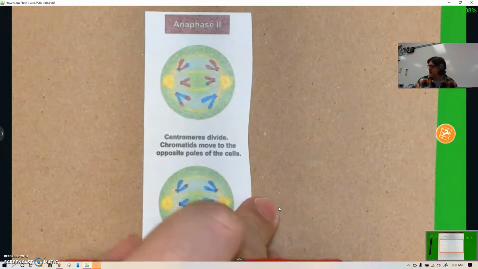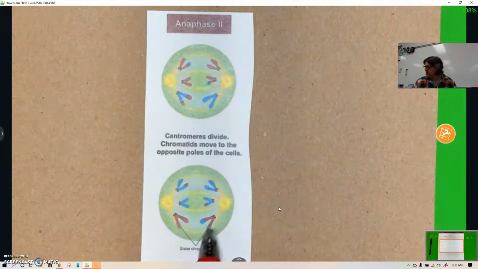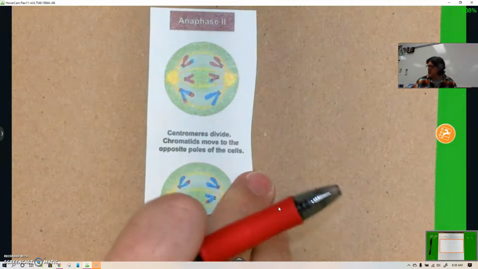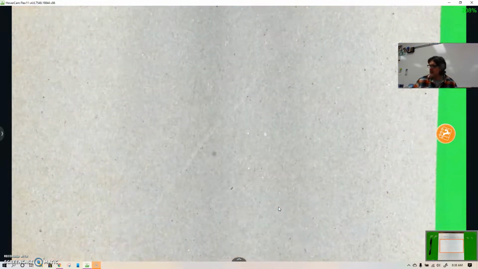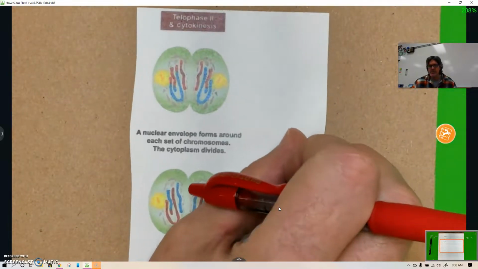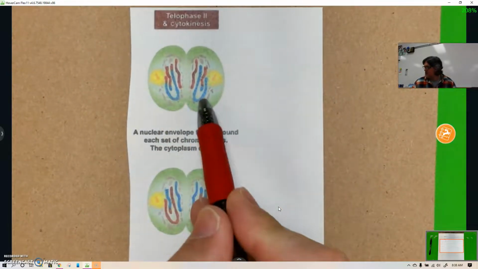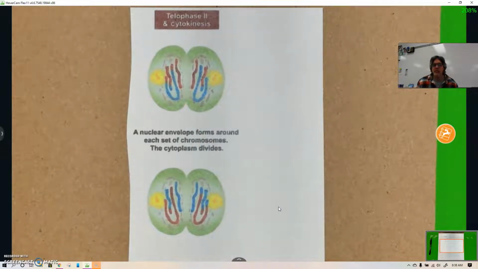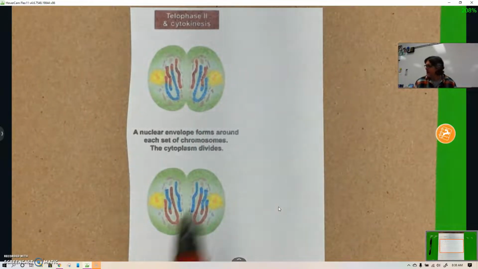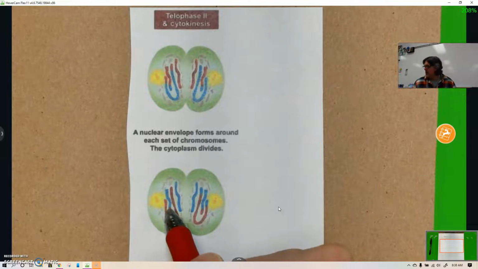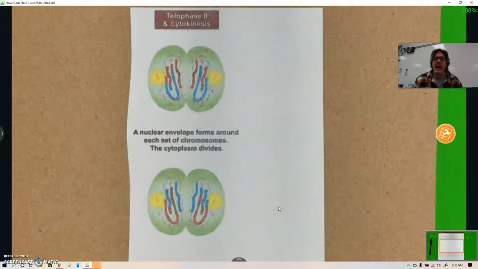Taking these duplicated chromosomes and these sister chromatids are getting pulled to each side. And here's your end result. Your end result is 1, 2, 3, 4, 4 cells, okay? And each one has basically one copy of every gene or one copy of every chromosome in that cell, okay?